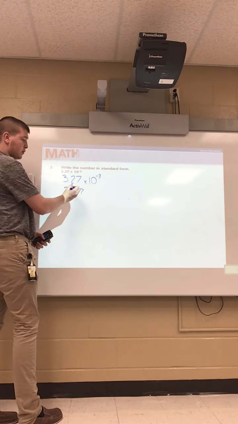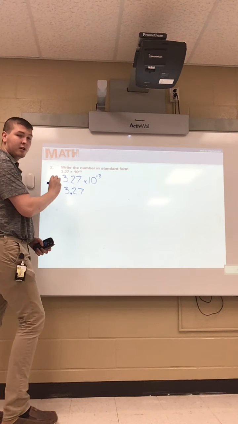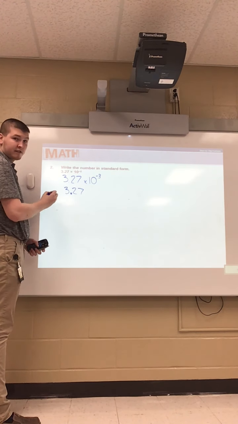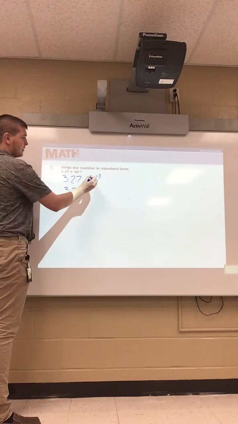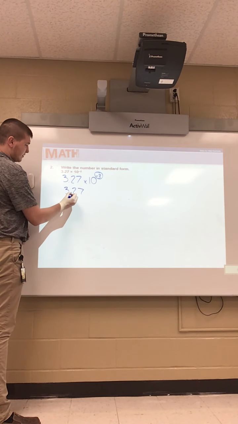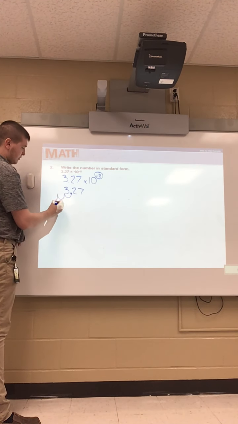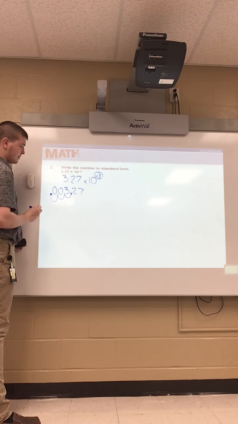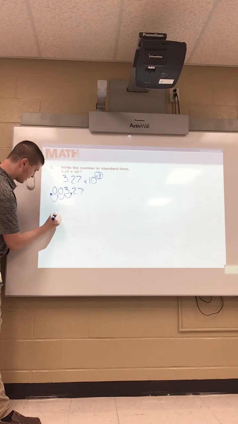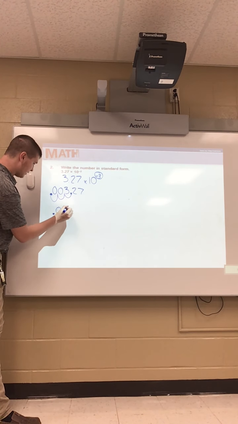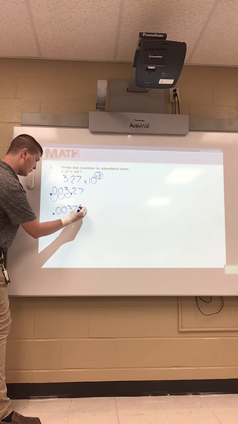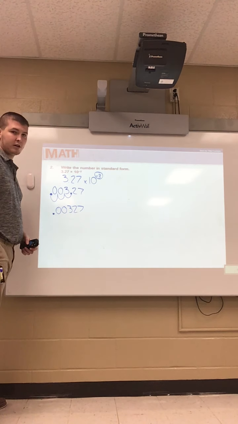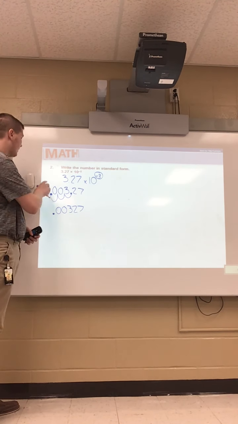So we're not going to go to the right that many times, we're going to go to the left that many times because it's negative. So we go 1, 2, 3, and there are 2 little holes, so we need to put zeros. Bring that decimal down: 0.00327. And that is what you should get. Easy peasy.